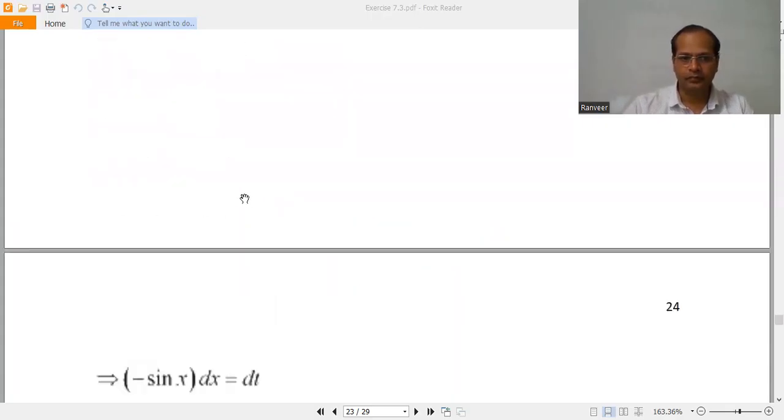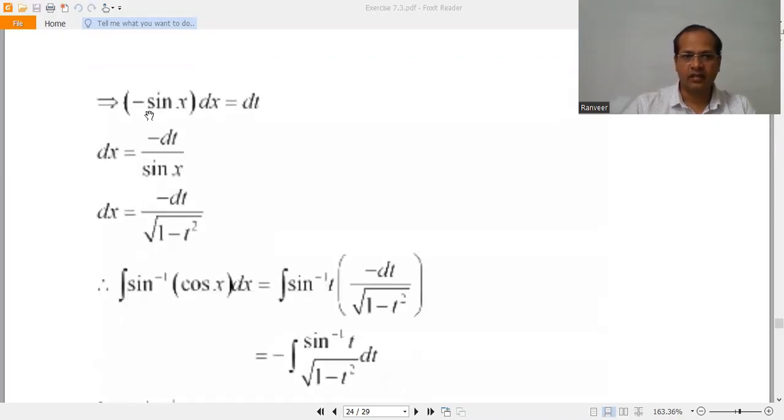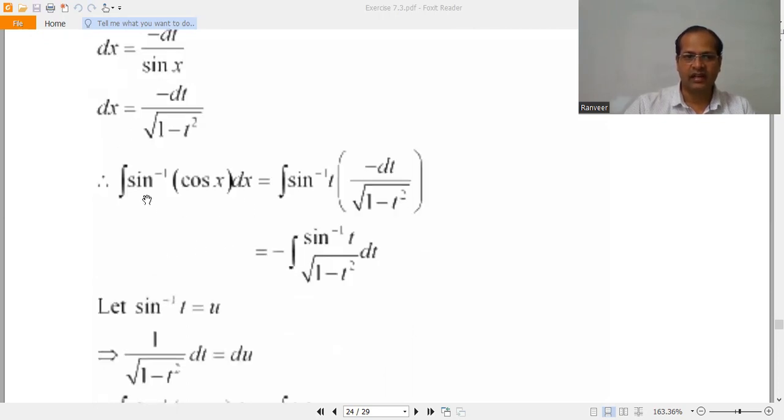Now this is nothing but minus sin x dx equal to dt, and dx equals minus dt by root of 1 minus t square. So this directly we can write here sin inverse t into minus dt by root of 1 minus t square, that is minus sin inverse t by root of 1 minus t square. Again, this is the format, because sin inverse t, if we take as u, then this is the differential value of sin inverse t, 1 by root of 1 minus t square.